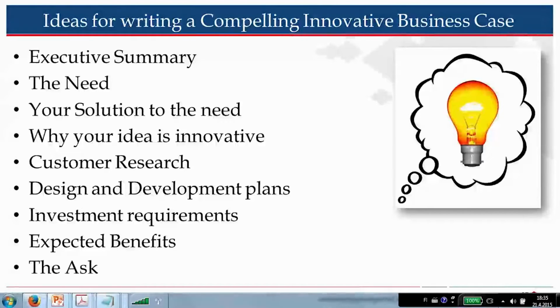You do some customer research, such as market segmentation, and then design and development plans, and investment requirements. So how much investment does this require? Some sort of investment analysis, and then the expected benefits, where you could talk about cost-benefit analysis as well, and probably long-term benefits.